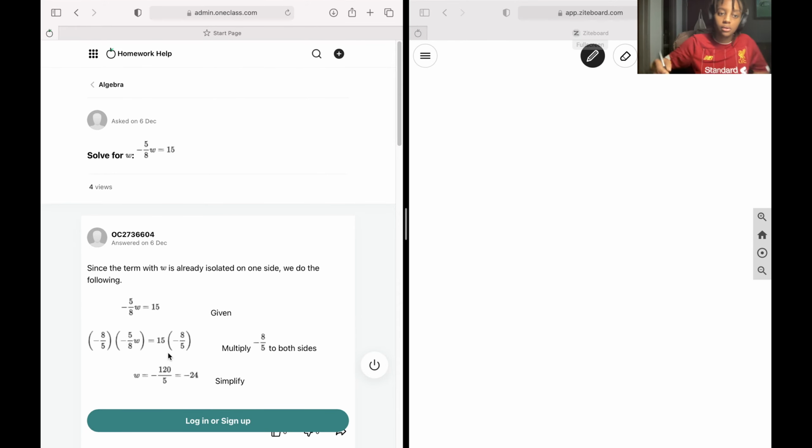Okay, so for our first question, we want to solve negative 5 over 8 w equals 15, and we want to isolate for w. First we can begin by multiplying both sides by 8.